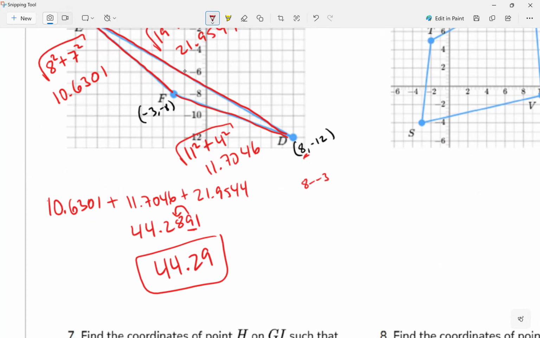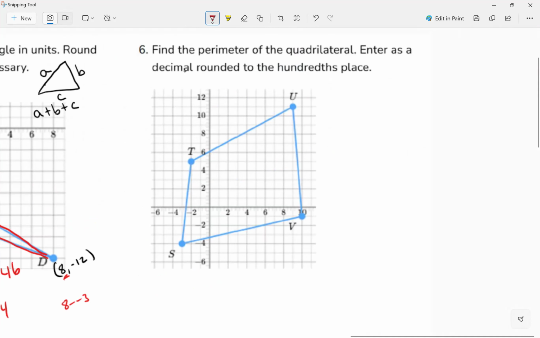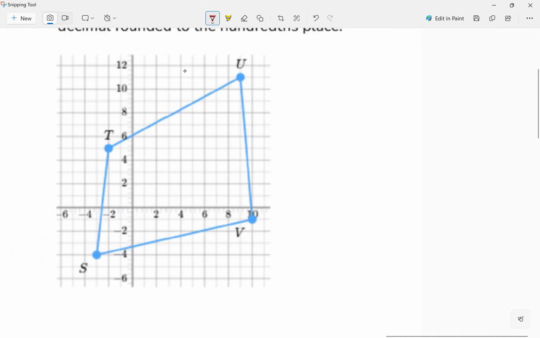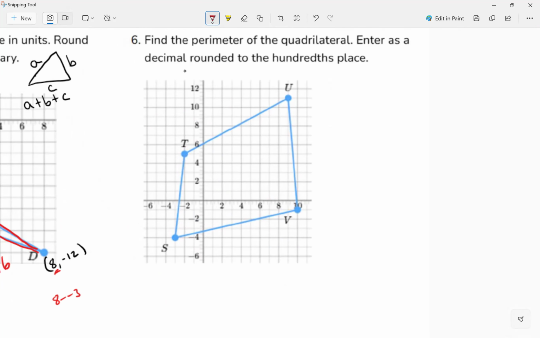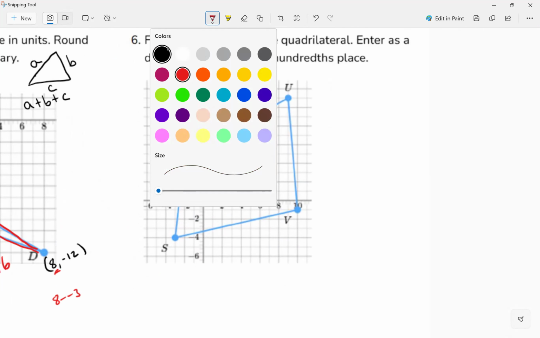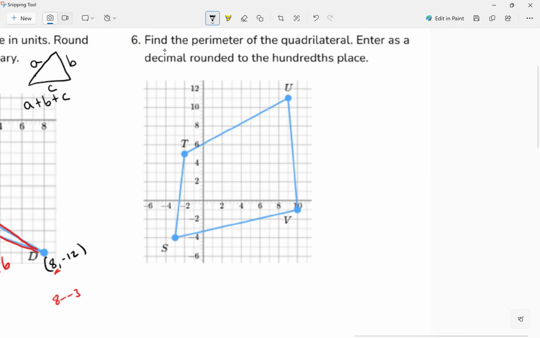Not bad, not bad. Let's take a look at this quadrilateral. Quadrilateral basically means four sides. Perimeter. So what do I have to do? Find the length of each side and then add them all up. Okay, so let's see. My point T, the coordinates are, actually, let me write them all in here. -2, 5.